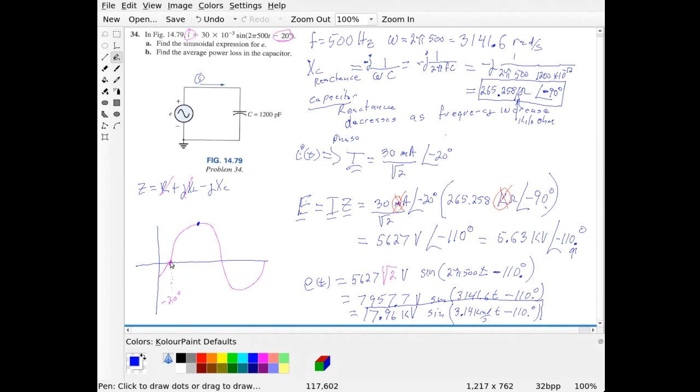And then if we draw the voltage waveform, the voltage waveform is minus 110. All right. And so if this is minus 20, this peak right here is 90 degrees. So if we're measuring this in degrees, this is 90 degrees. And so the voltage waveform is 90 degrees out of phase.